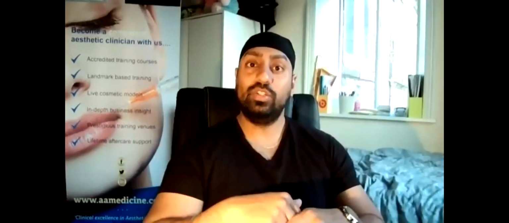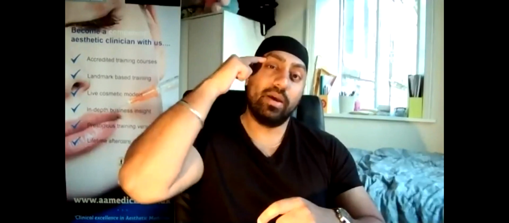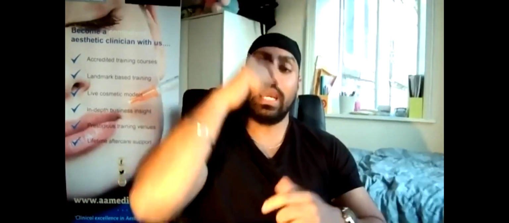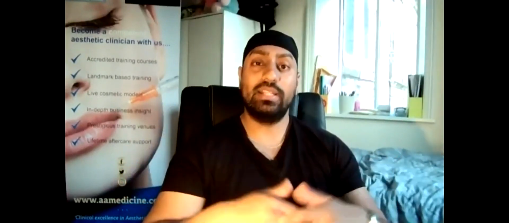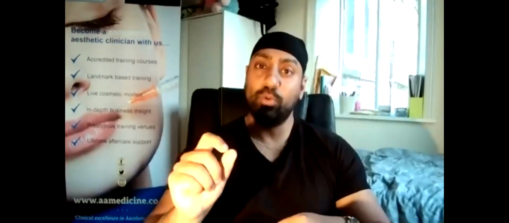Julia is asking, do you fill the upper hollow of the eyes? Yep, so that's what we call the A-frame deformity. Now, the A-frame deformity is probably one of the trickiest things to do in terms of the complications you can cause in that area. But I typically will use a cannula with a lateral entry point, and then I would feed the cannula through in the upper eyelid and just very gently do small linear threads, with a very small amount of product and not too high a G prime.